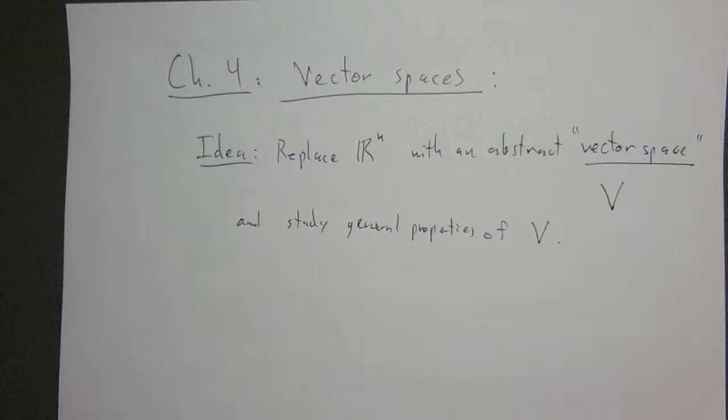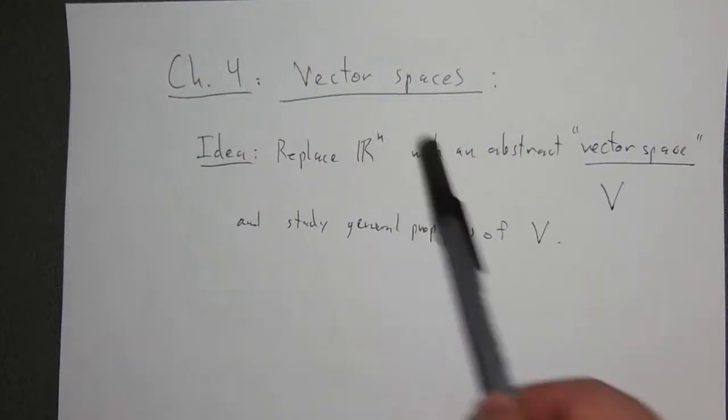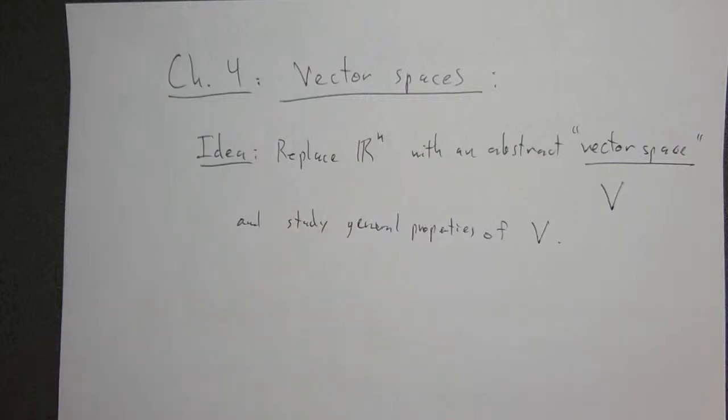Why would I ever replace my Rn that I know and love and enjoy, because it's simple to do the calculations I'm familiar with, with an abstract vector space V where I don't necessarily directly have the same thing going on that I have in Rn?